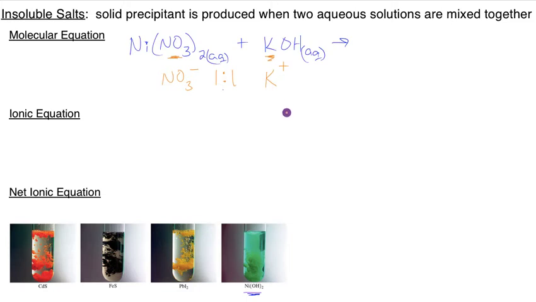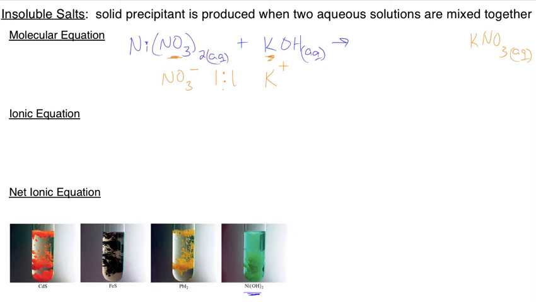Remember, when ions form ionic compounds, they come together in the simplest ratio so that the charges cancel out. So the simplest I can get is a 1-to-1 ratio, and that would look like KNO3. I've already mentioned all nitrate salts are soluble and all potassium salts are soluble. Therefore, potassium nitrate is soluble, an aqueous solution. That means there is no solid floating around in that solution.